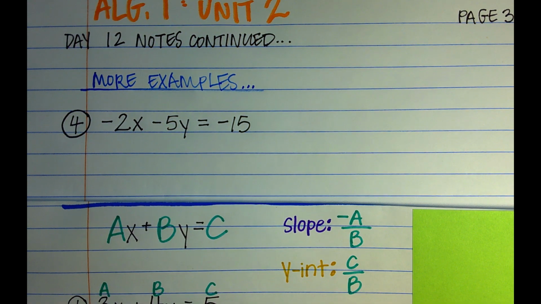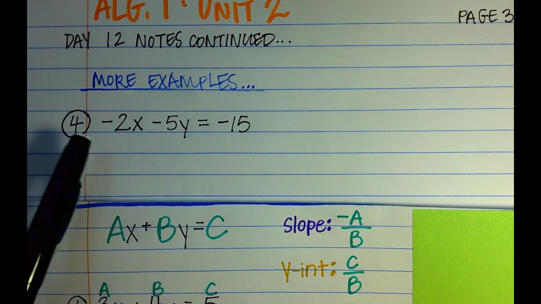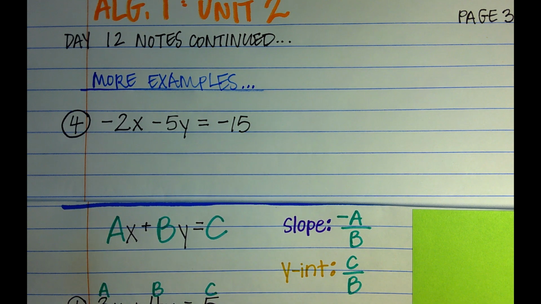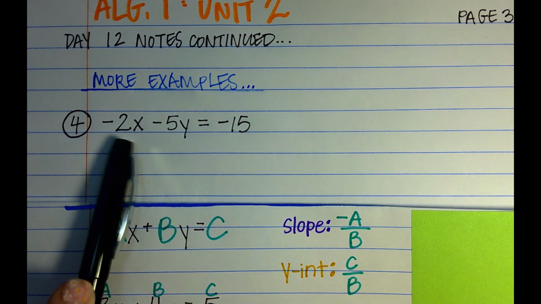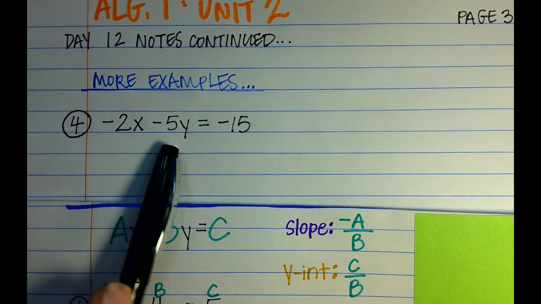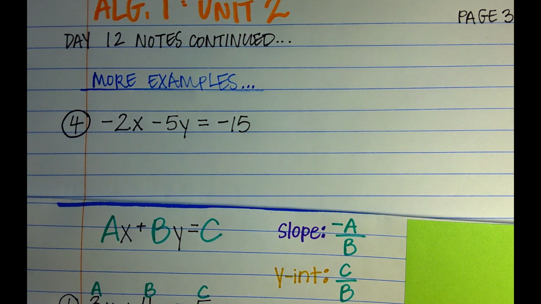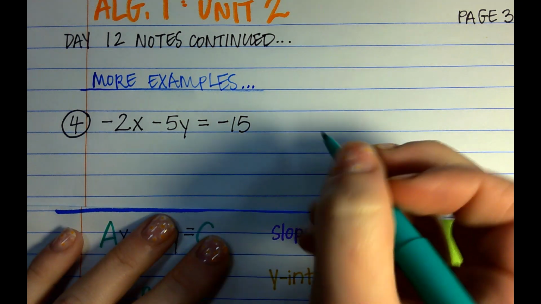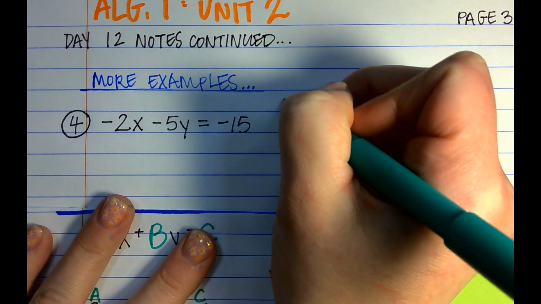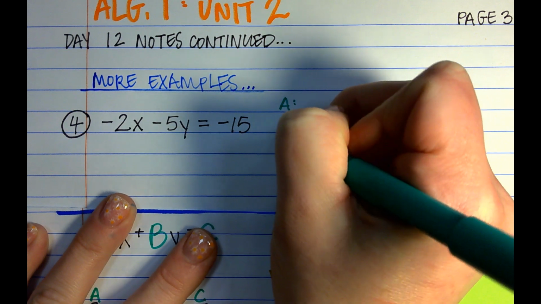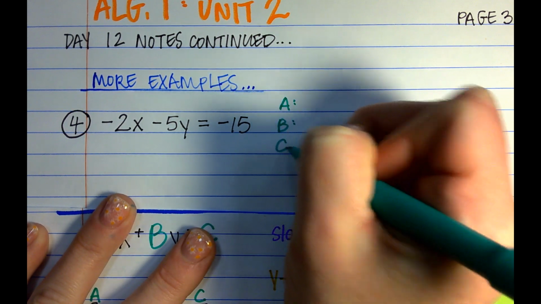Okay, so in this equation, you're going to notice that we don't have any plus. These are all negative numbers. We've got negative 2x minus 5y equals negative 15. So the first thing we want to do always is identify our a, our b, and our c. So I'm just going to write them out to the side. A, B, C.